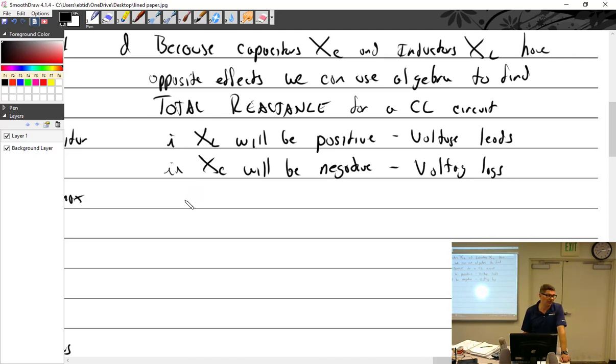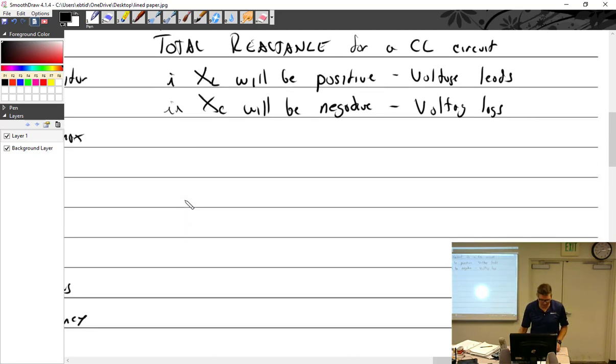It is the equivalent to capacitive resistance. Does that work? X of L, inductive reactance, is like saying inductive resistance. They could have called it that. I think that would have been much nicer, wouldn't it have been? Everybody follow? All right.